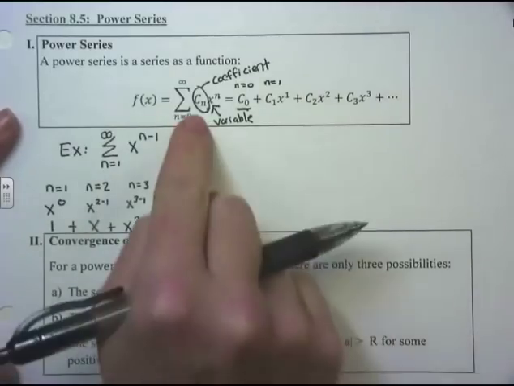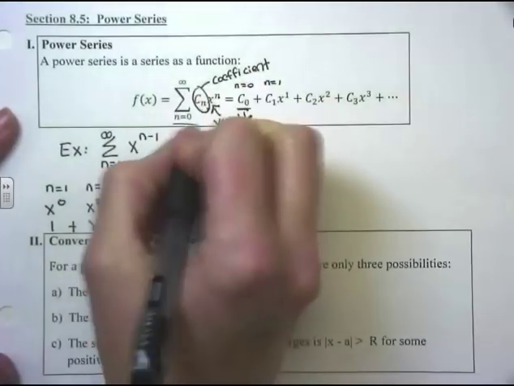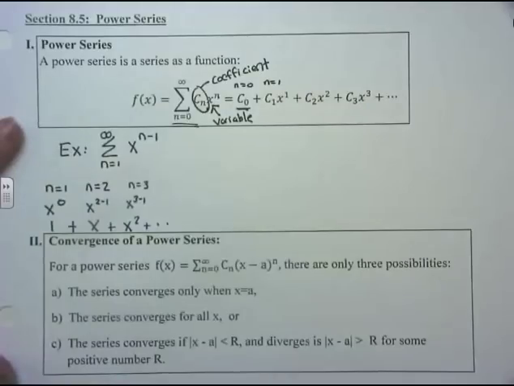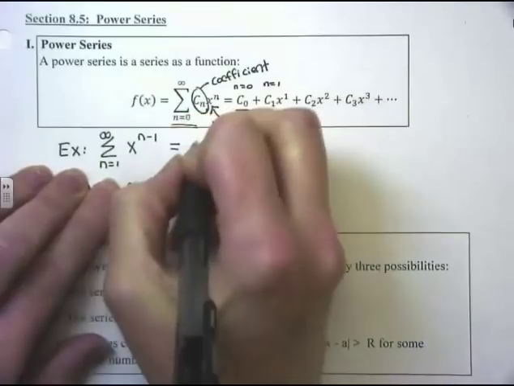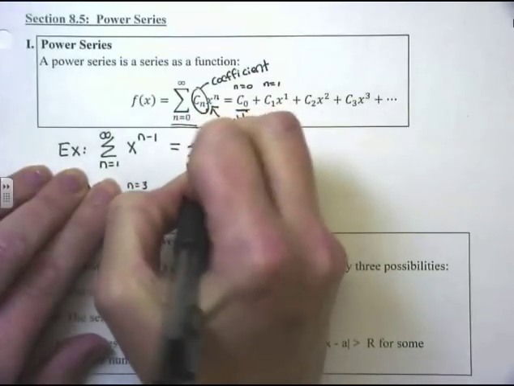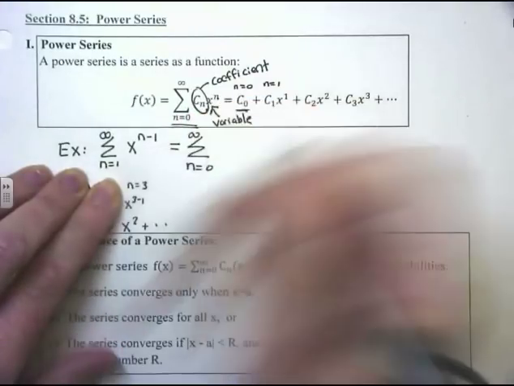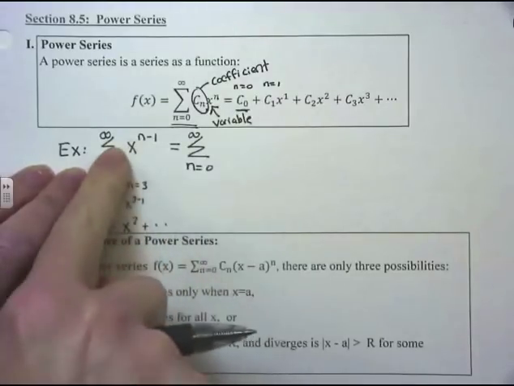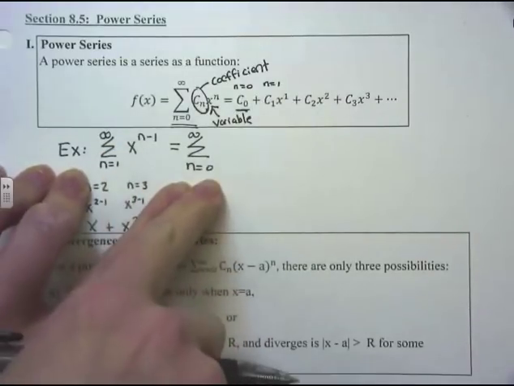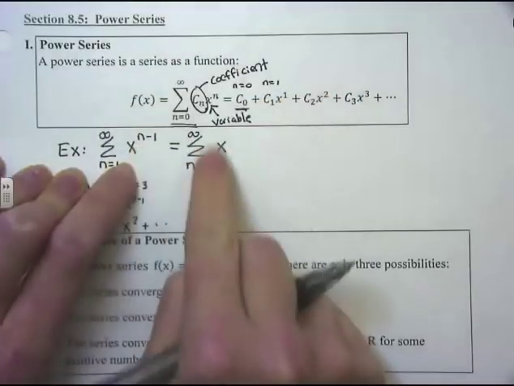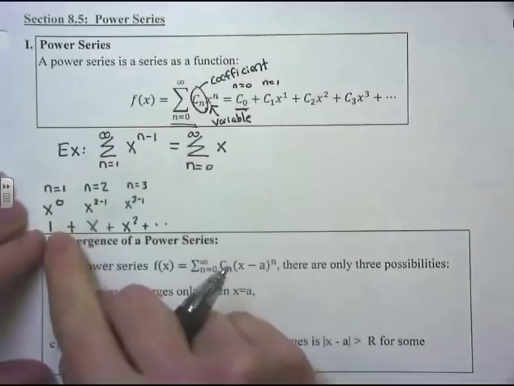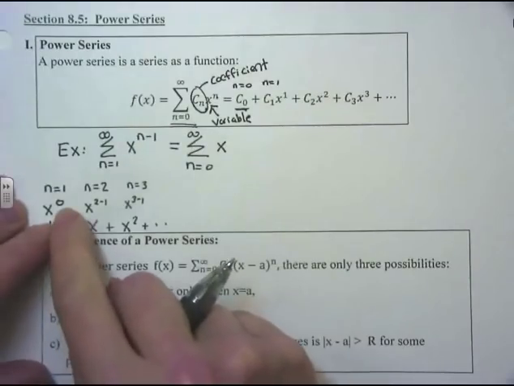If you're looking at the form of our power series, notice this summation starts at 0. So if I'm considering this example, I want to know, is it related to a summation that starts at 0? In other words, can I rewrite this sum to start at 0? Well, I definitely want to have x raised to some power, and the first term that my series generates needs to be a 1, or an x to the 0 power.